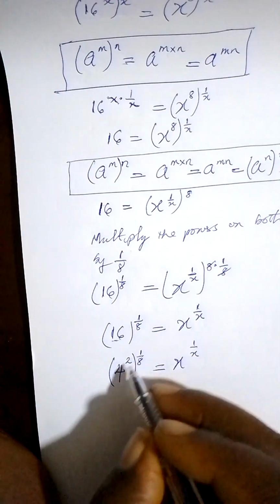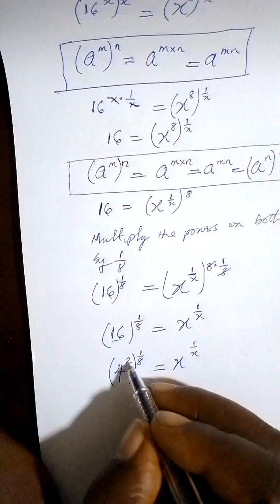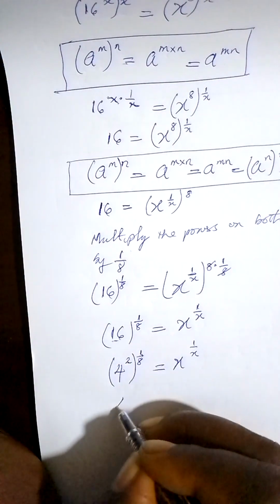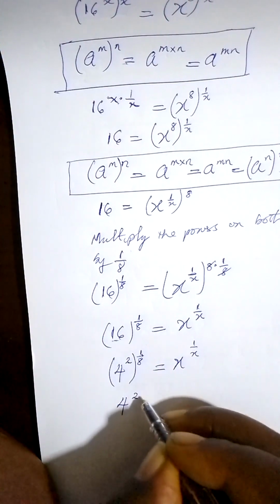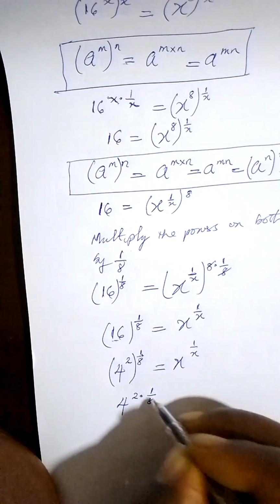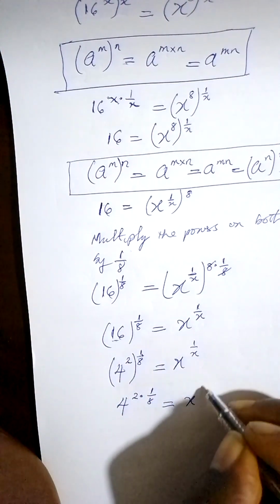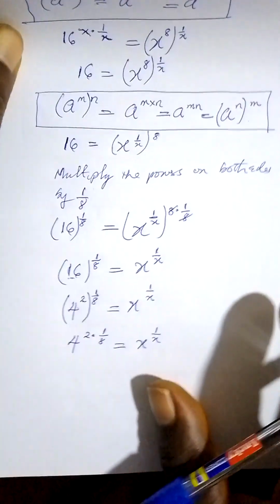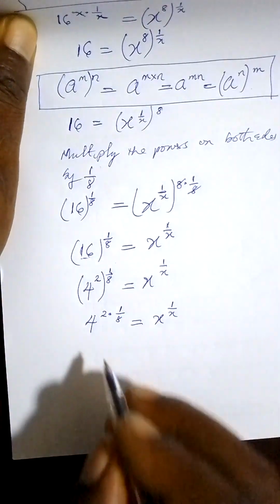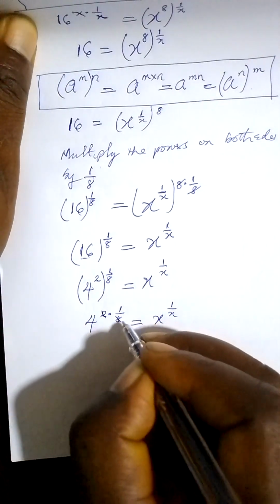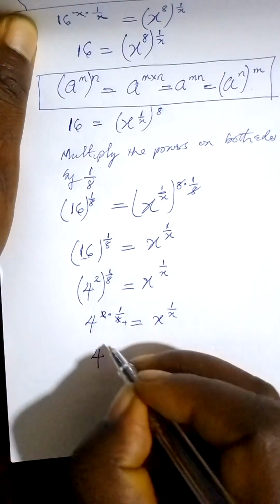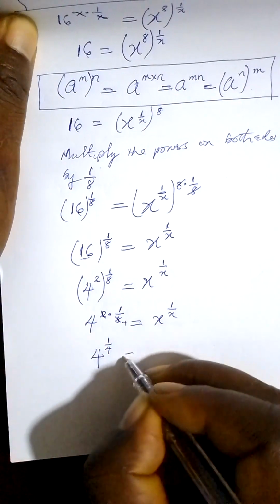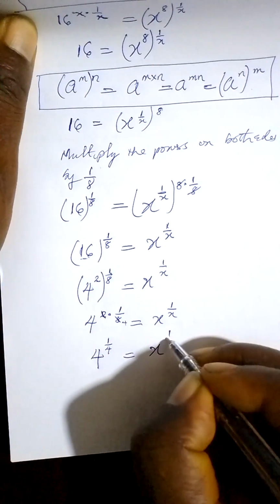So I'm going to multiply this 2 by this 1 over 8. So I have 4 to the power of 2 times 1 over 8 equal to x to the power of 1 over x. Okay, so here I'm going to have 2 over 8, which is 1 over 4. So I have 4 to the power of 1 over 4 equal to x to the power of 1 over x.